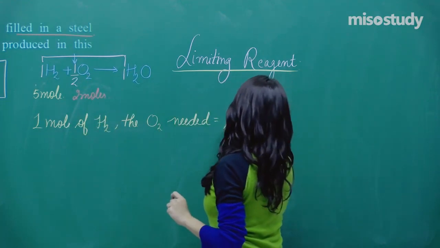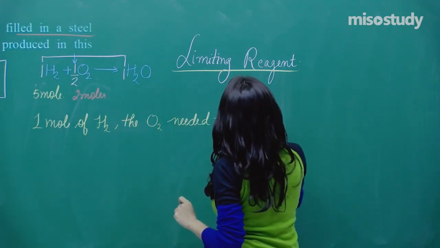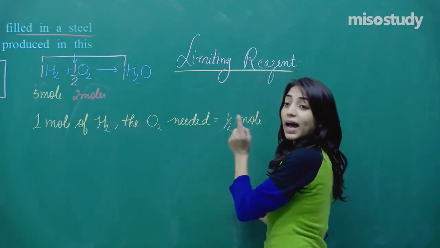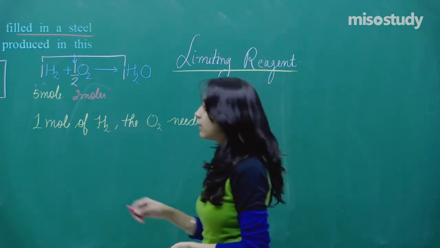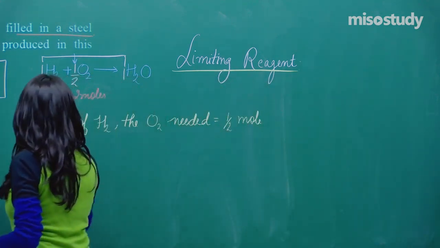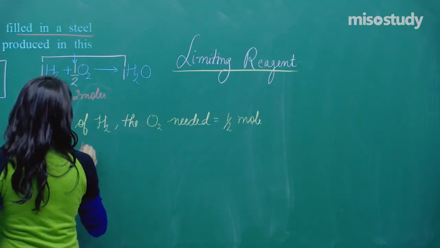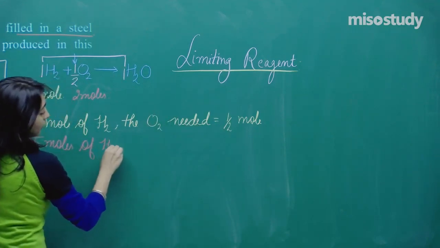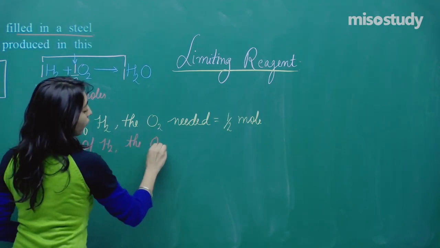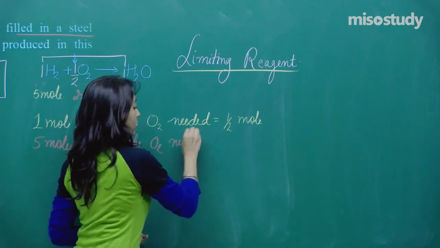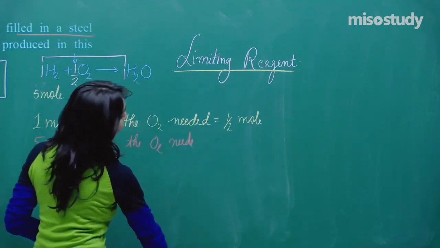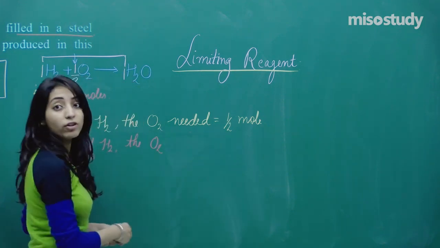Half mole. So for 1 mole of hydrogen to react, we need half mole of oxygen. So for 5 moles of hydrogen to react, the amount of oxygen needed will be, so what should be the amount of oxygen needed? It should be 5 divided by 2.